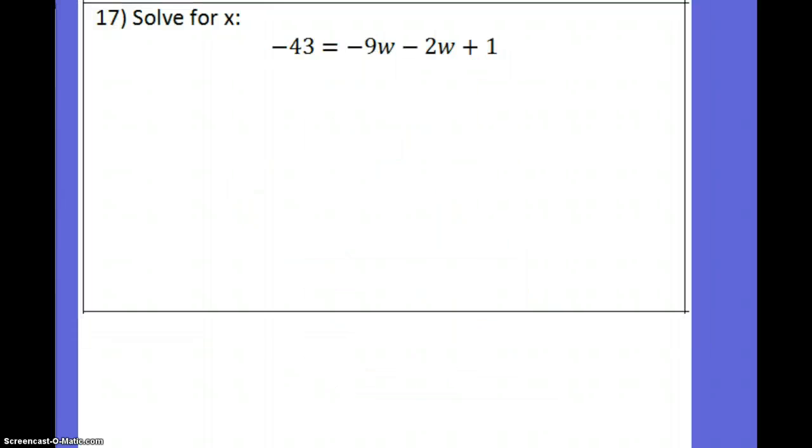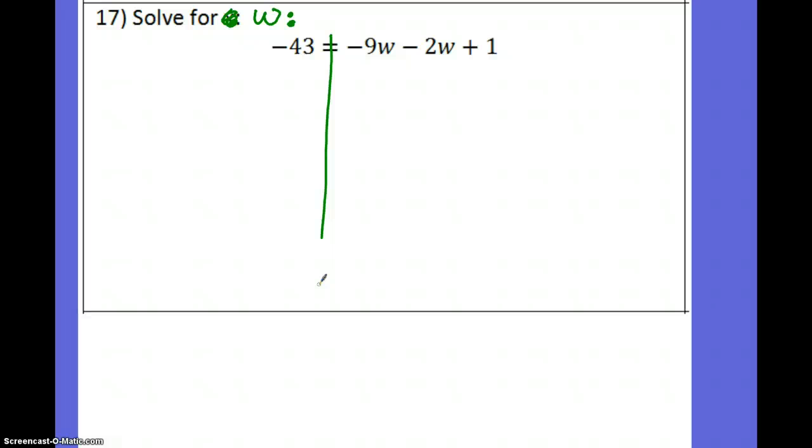Solve for x, and in this one I was supposed to say solve for w. So you can change that on your paper. If you have negative 9w, subtract 2w, those are on the same side of the street. Do not put plus 2 on the same side.